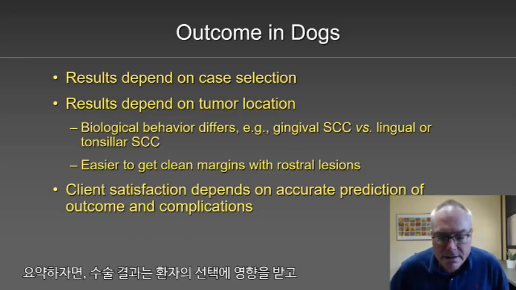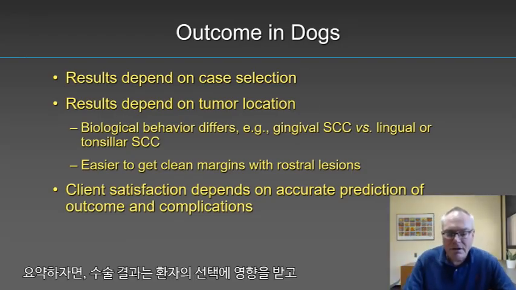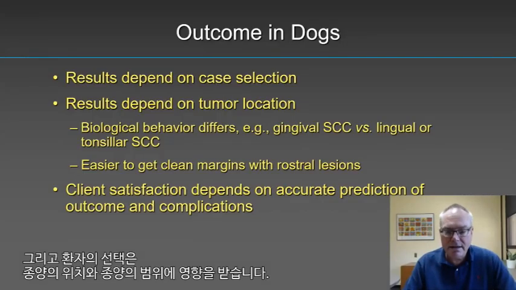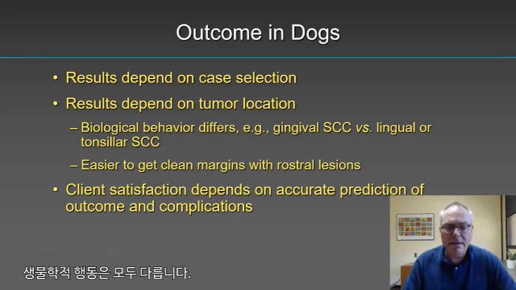So in summary, the results definitely depend on case selection, and case selection also depends on location and the precise determination of the extent of the tumor. And then we know that the biological behavior of tumors differ.